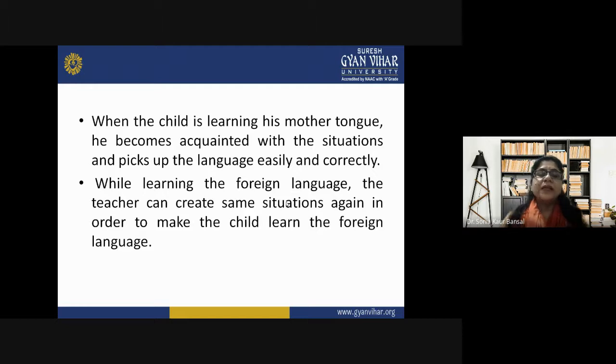So while learning the foreign language, the teacher can create some situations again in order to make the child learn the foreign language. So this is about the bilingual method, that you have to understand that a situation is given to the student when the student is actually accumulating a few words of the mother tongue as well as the regional language to understand, to facilitate more vocabulary in the English language.